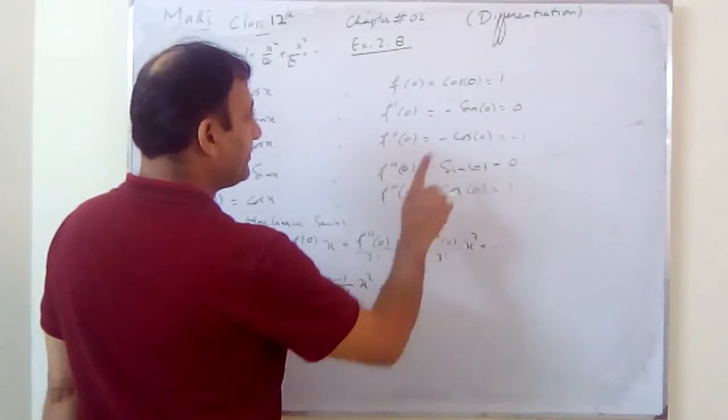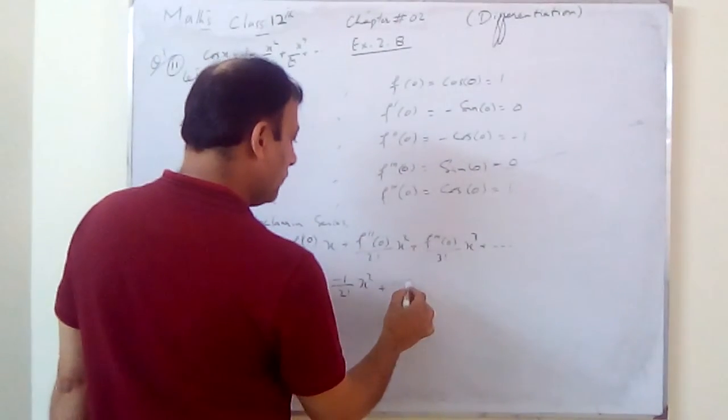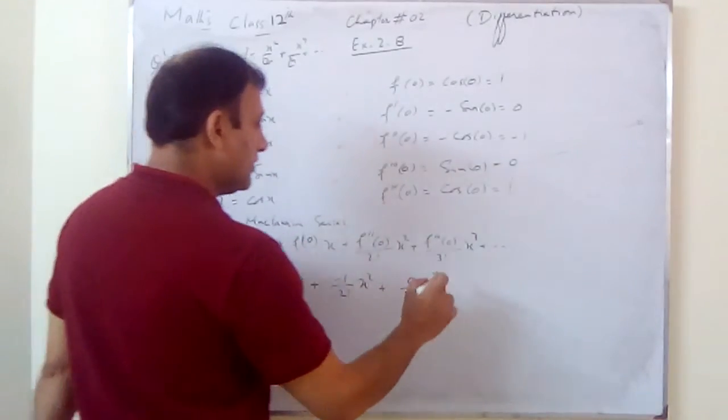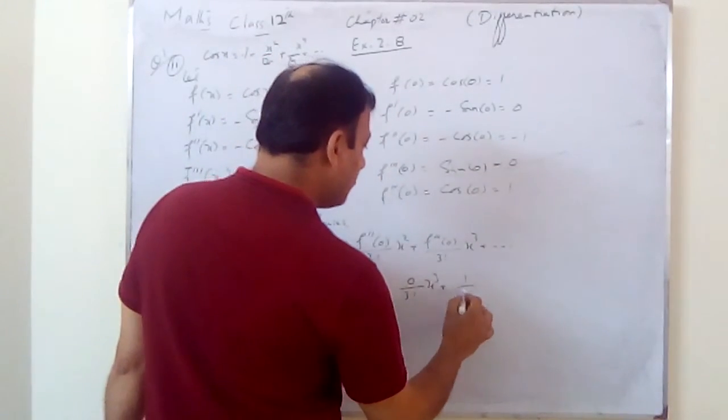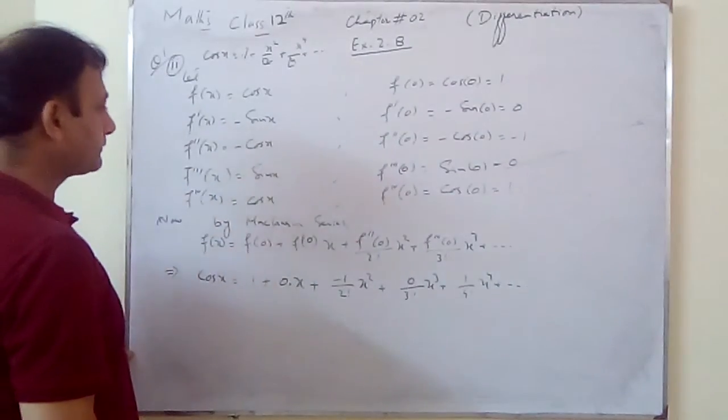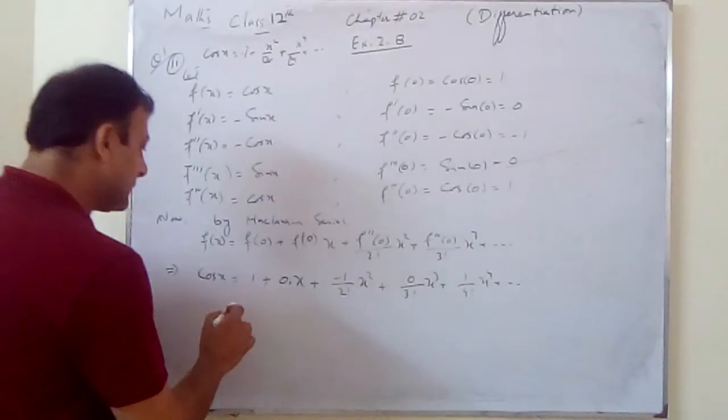Third derivative 0 divided by 3 factorial x cube, plus fourth derivative 1 divided by 4 factorial x to the power 4, plus so on. So write it as it is.